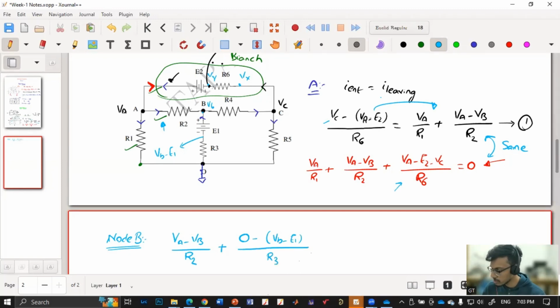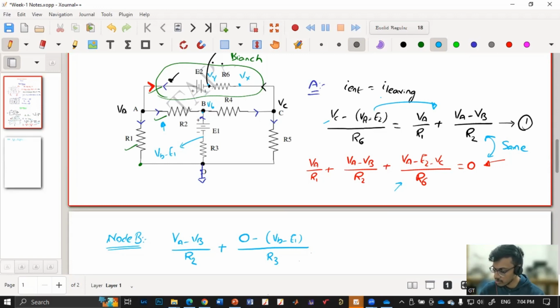I am considering R3, this vertical terminal. This terminal is at VB, this terminal will be at VB minus E1, and this terminal is at 0. I have assumed that 0 is at higher potential compared to VB minus E1. So 0 minus VB minus E1 by R3.